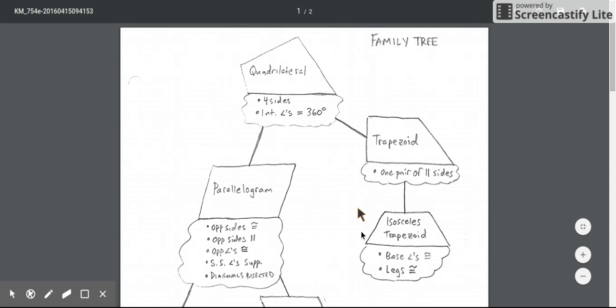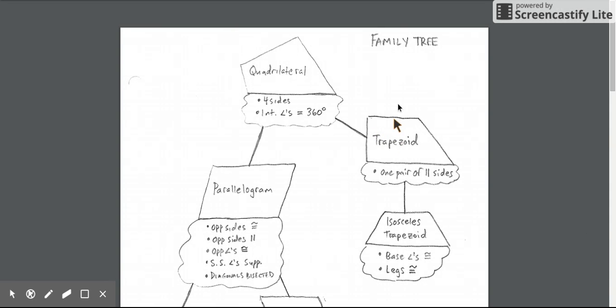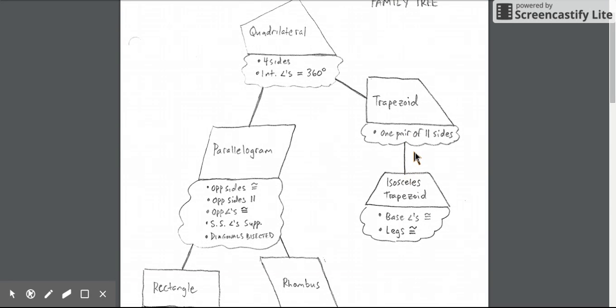Let's talk about the right side of our quadrilateral family tree, the trapezoids. Trapezoids have one main quality, and that is that they have one pair of parallel opposite sides. The other sides are not parallel. So it has its quadrilateral properties and this additional property. If we get more specific and talk about a certain type of trapezoid, an isosceles trapezoid is a specific type.